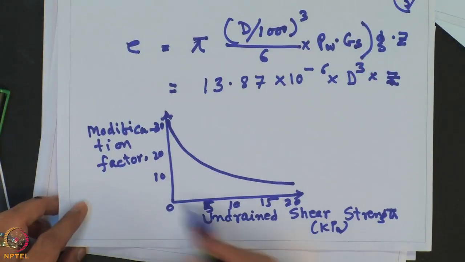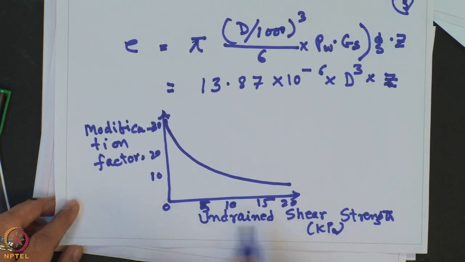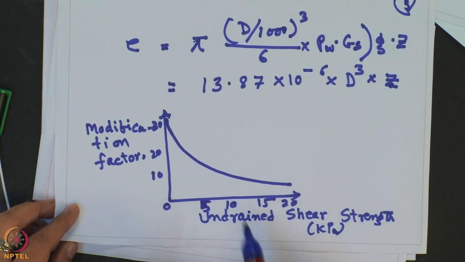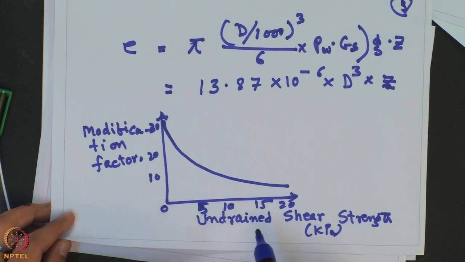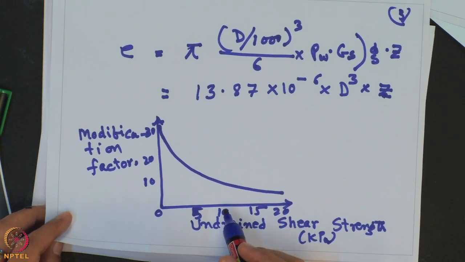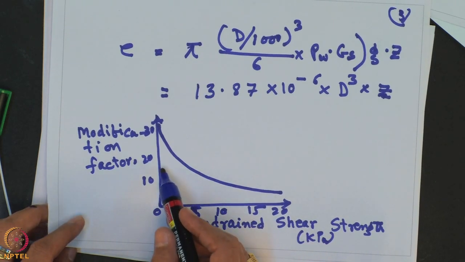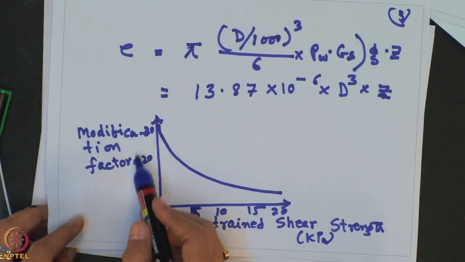Let us say this is the modification chart. This is the unsoaked shear strength, which means the CBR value. So, from this chart, and considering the unsoaked shear strength of the soil, you can determine what should be the modification factor.